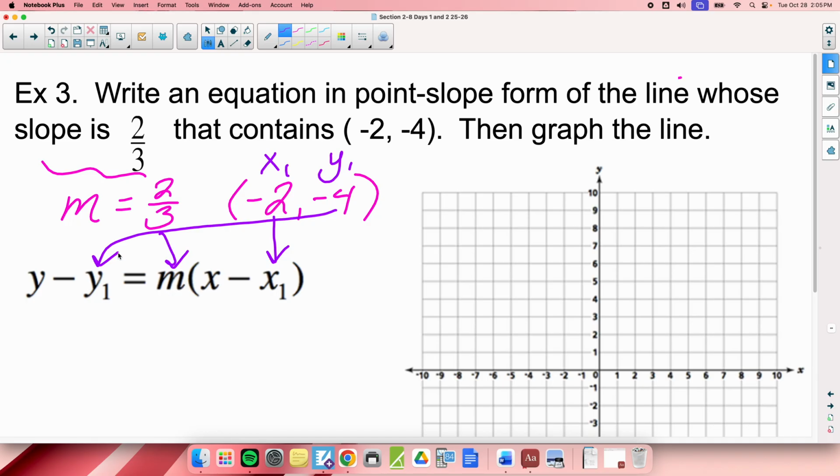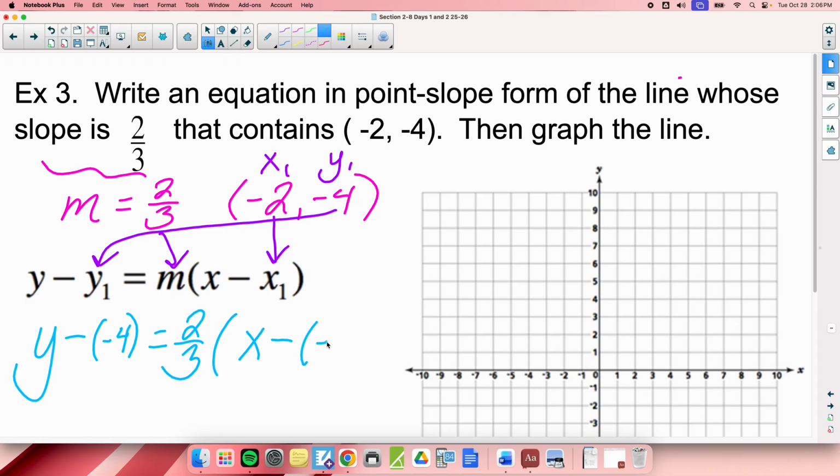So when I write that final equation, I would go y minus my y1, which is a -4, so I'm going to write it like that, equals my m is 2/3, and then it would be x minus, and x1 is a -2.